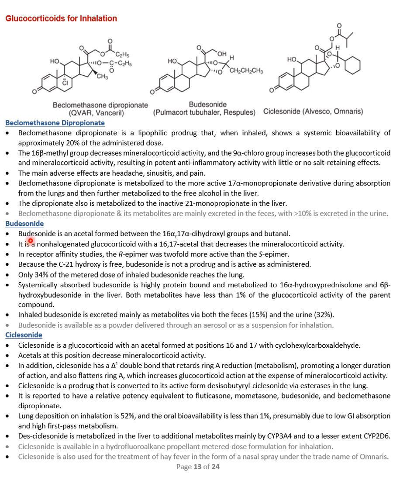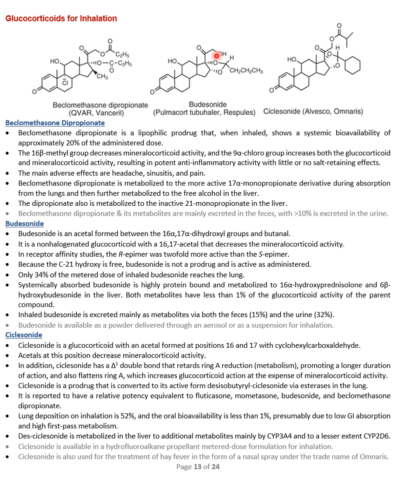Next one is budesonide, which is the Pulmicort Turbuhaler. Pulmicort, or budesonide, has a diether group at positions 16 and 17, and if you look at the 21, the OH is free here, which means the drug is still active.